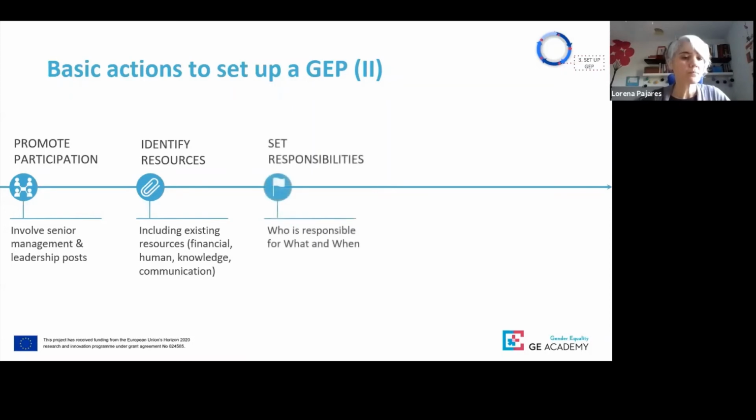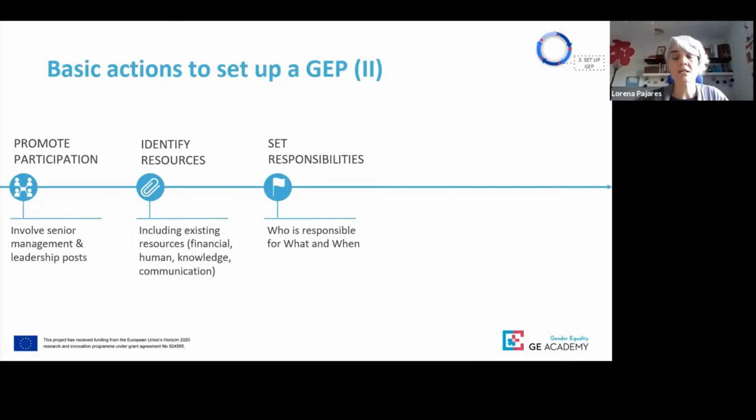And then we need to set clear responsibilities, okay? Many gender equality plans lack this. They set the action, they even set nice indicators and everything, but then they don't have the responsibilities clearly set. So for each measure, we need to set this.